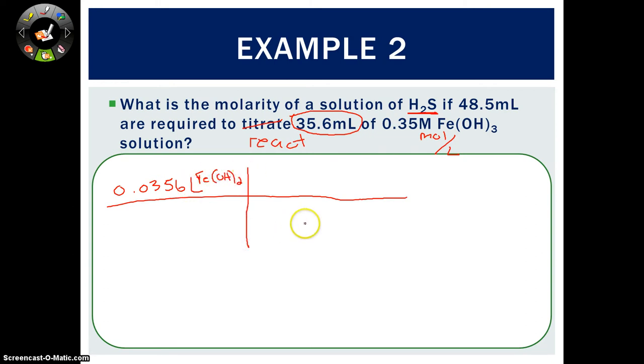I have liters. First, to use a balanced equation, I need moles. This now comes from my molarity, moles per liter. 0.35 moles per 1 liter. To be able to go any further, I need a balanced equation. Iron hydroxide to moles of H2S. This needs to come from a balanced equation, so let me go ahead and write one.